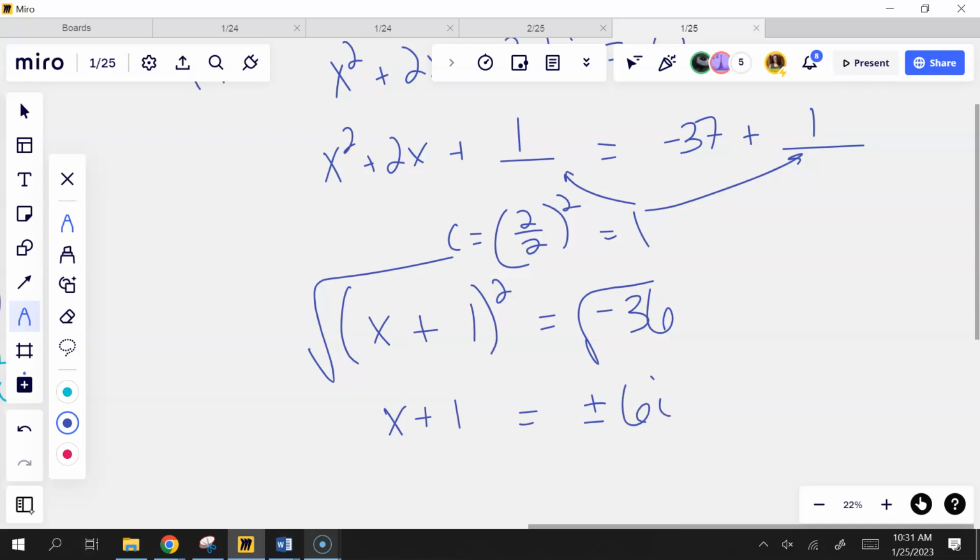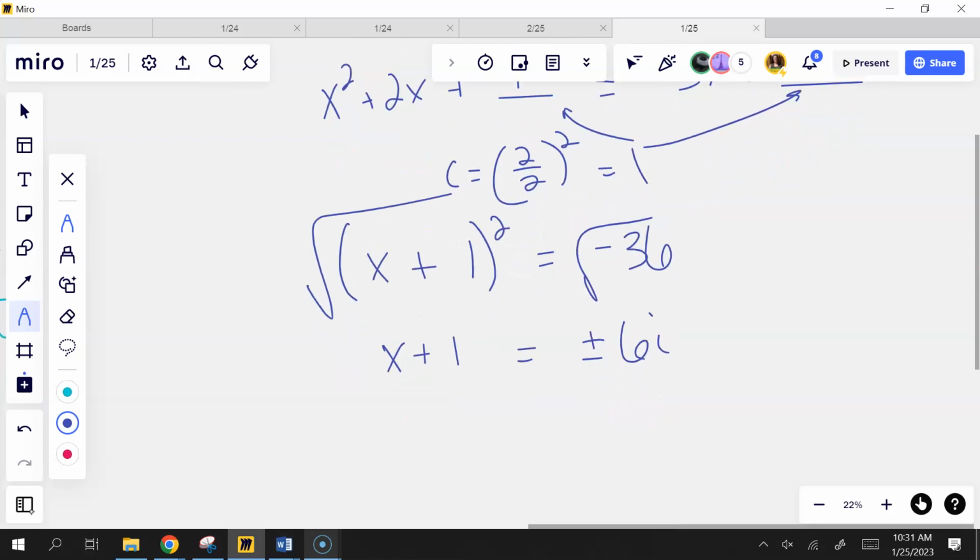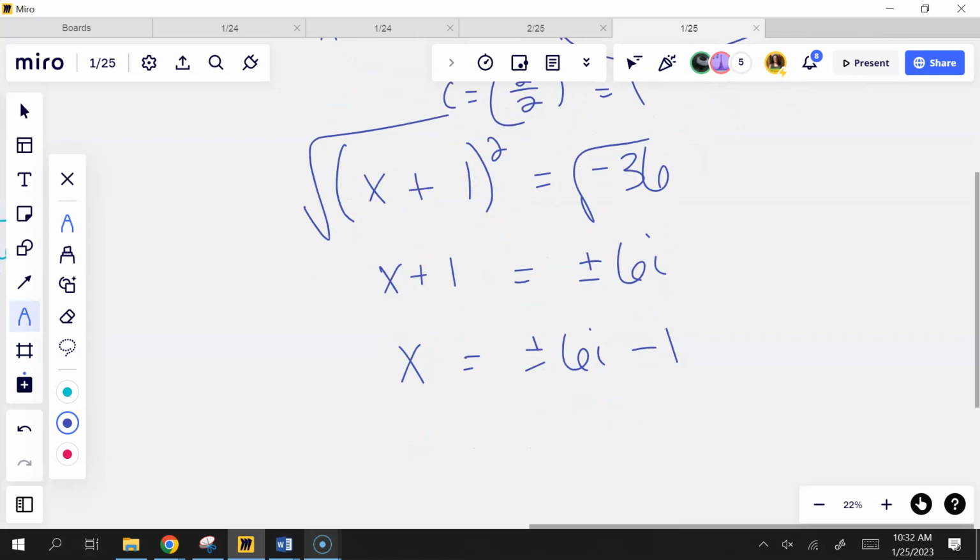Don't forget the i because it's a negative under there. Don't forget the plus or minus. Now, because I can't combine it with anything else, I can write this one as x equals plus or minus 6i. I don't have to split it into 2. The more proper way would be to put the whole number in front and follow it with the imaginary, but either one is acceptable.